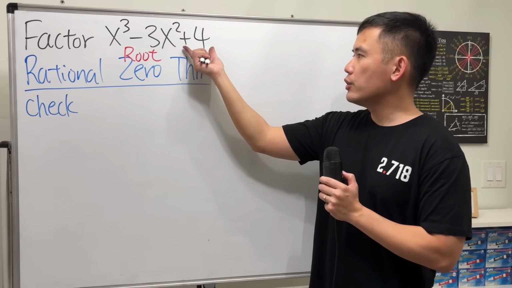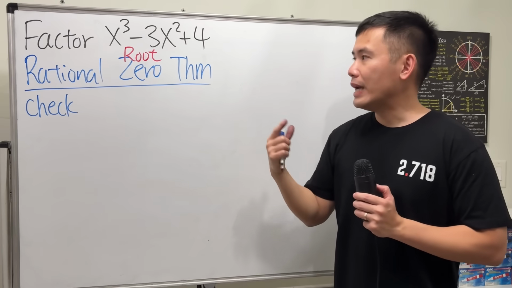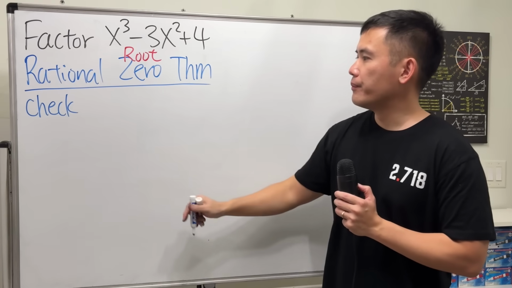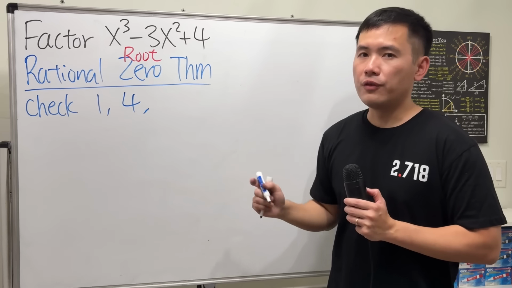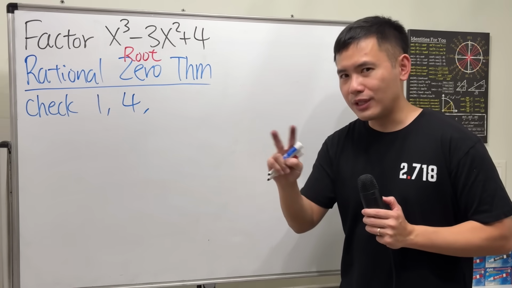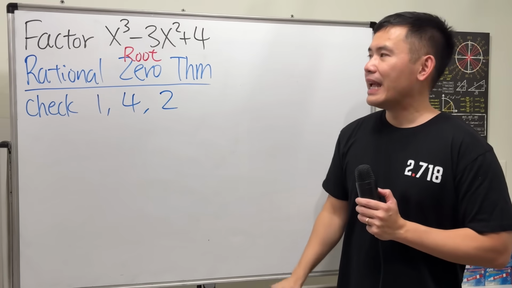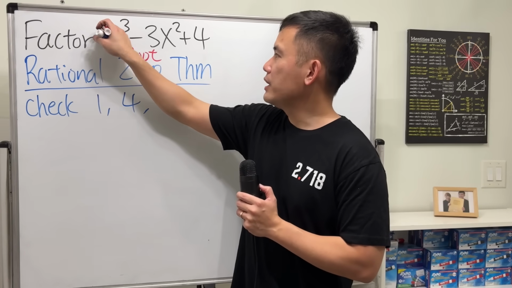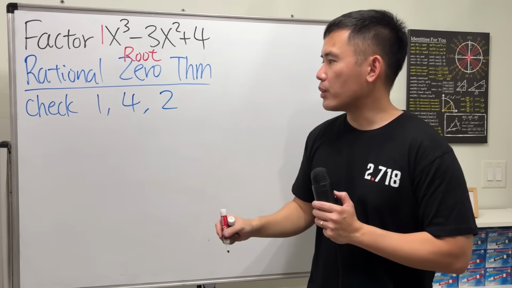First, we are going to be looking at the constant term, which is 4. And then we ask ourselves for the factors of 4. We know 1 times 4 is 4, so both of them are factors of 4. And we also know 2 times 2 is 4, so 2. Just write down the 2 one time. And then look at the leading coefficient, which is 1, because we have 1 times x to the third power.